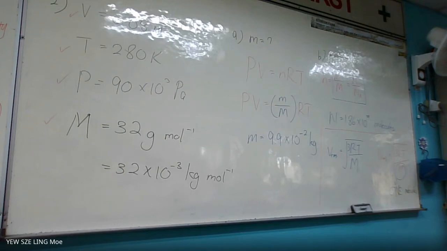So you should get the same answer. You should get the same answer. It doesn't matter whether you're using 3RT or 3kT.